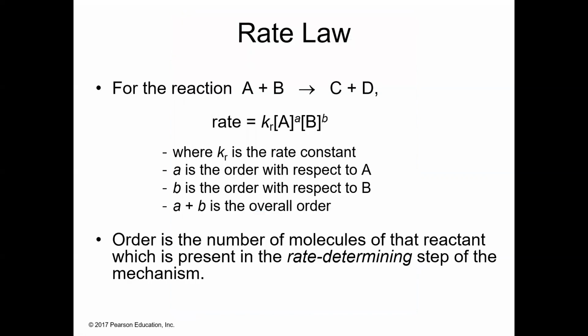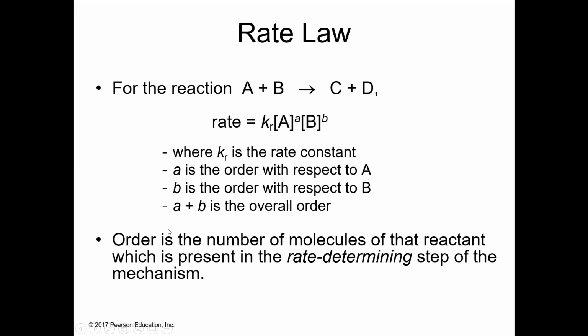Okay, so here's a very general rate law for the reaction of A plus B. The rate is equal to some rate constant times [A] raised to a certain power and [B] raised to a certain power. These exponents, small a and small b, have to be determined experimentally. k is also determined experimentally.